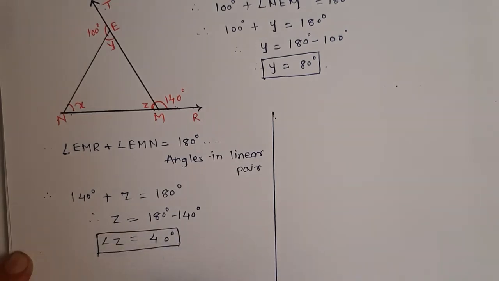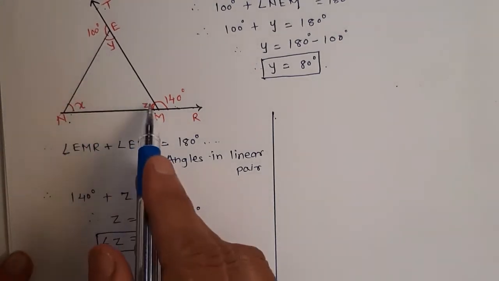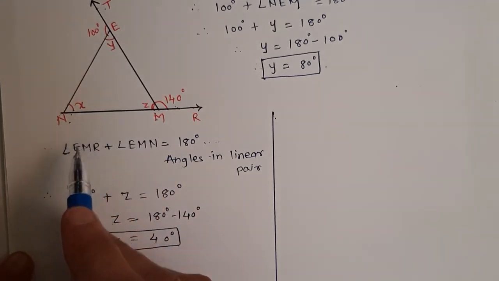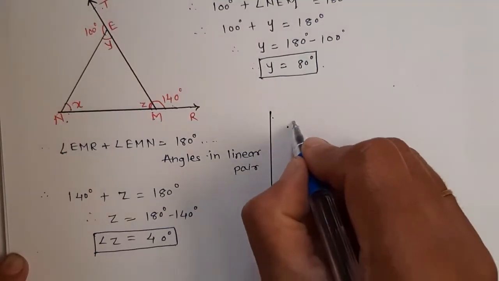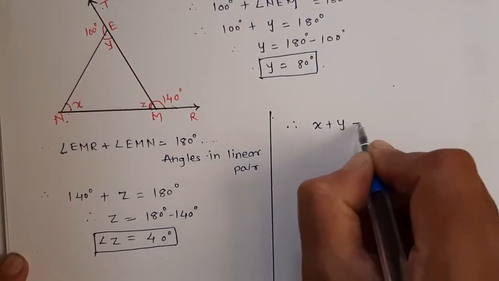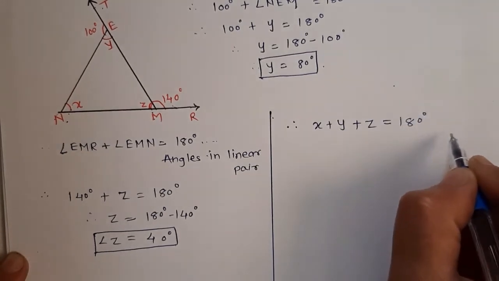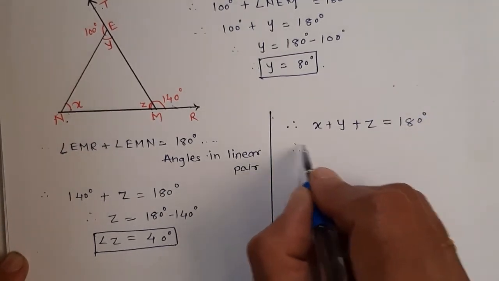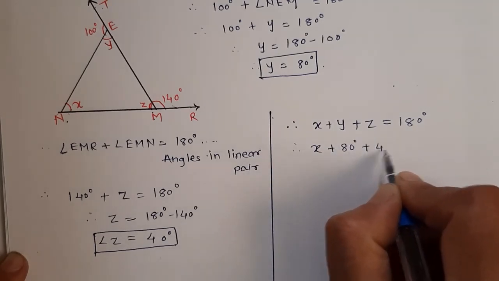Now we have to find the value of x, and if you observe, x, y, z are nothing but the three angles in a triangle. So the sum of the three angles in a triangle is 180 degrees. Therefore x plus y plus z equals 180. Here we know y is 80, and z is 40.